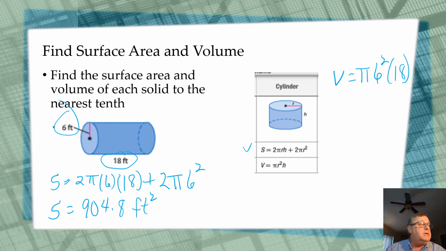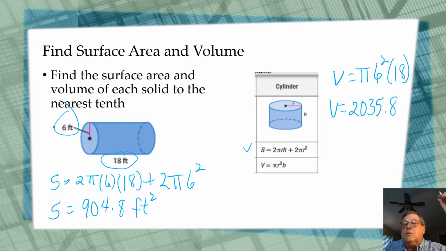So now we got pi times 36, 6 squared is 36, times 18. And that is, rounding to the nearest tenth, 2035.8.